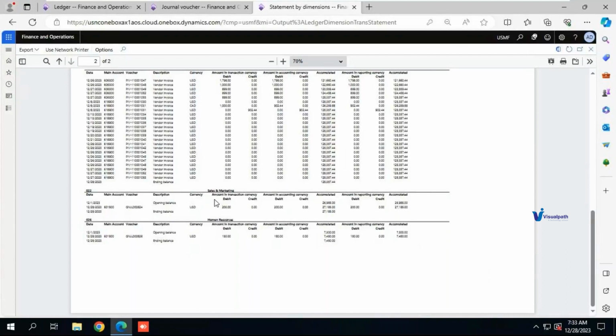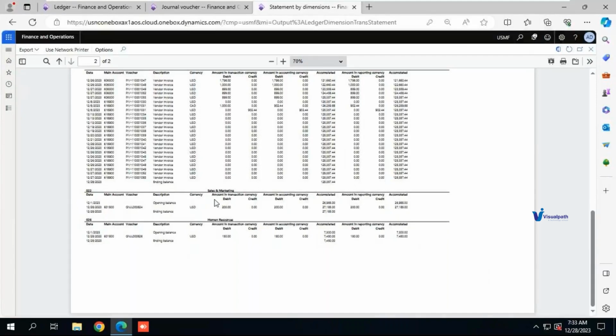That is the major advantage of the accounting structure, because in the accounting structure we made this configuration. Understood? The benefit of the accounting structure is that we are getting reports.